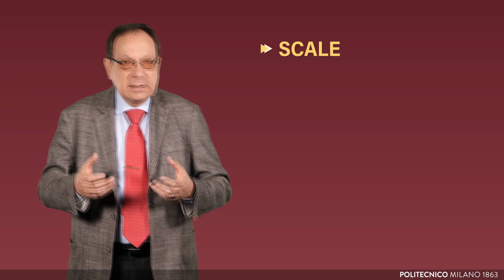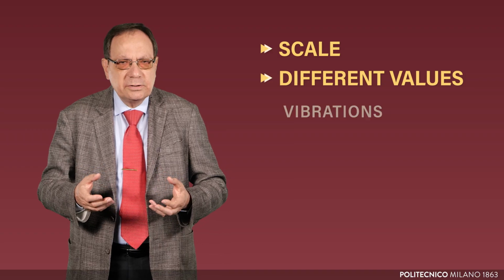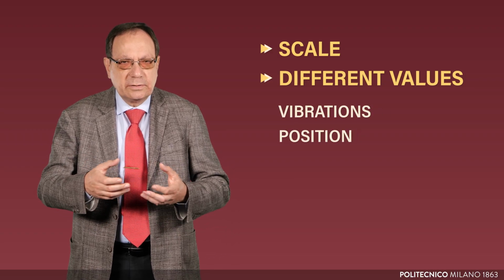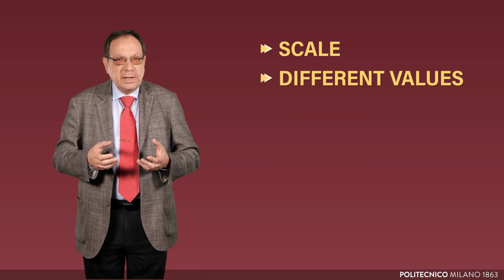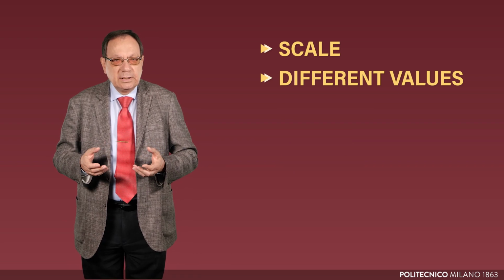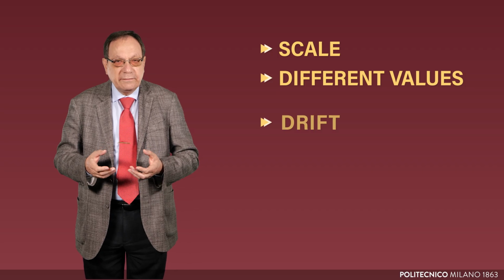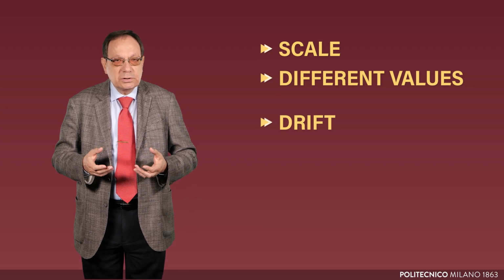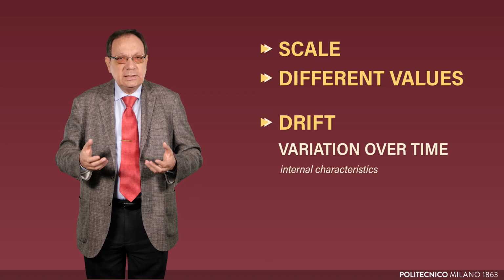If we weigh the same object several times, we may obtain different values because of vibrations, the position of the object on the plate, or drafts. If we repeat the measurement after some time, we may get different values again due to drifts in the scale caused by changes over time in its internal characteristics.